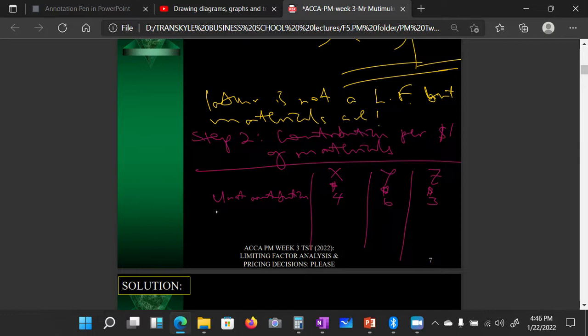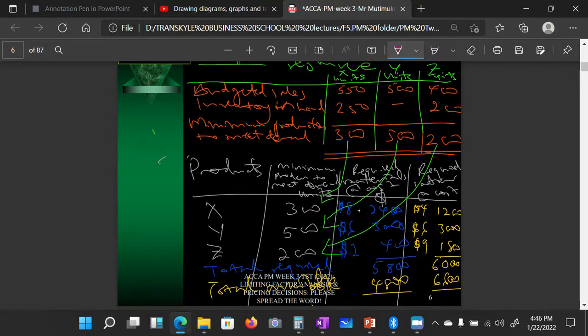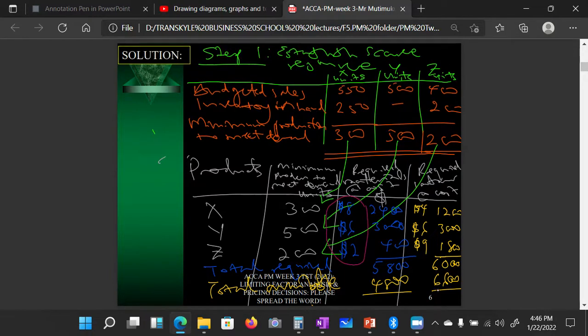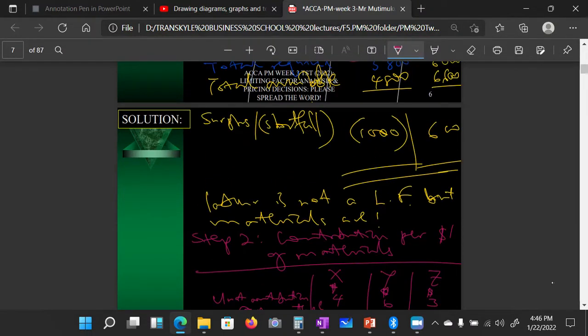Okay, and then we go to cost of materials. The cost of materials is very easy. I'm sure we wrote it somewhere here. Yes, cost of materials per unit. So that's 862. We are just playing with the same figures.